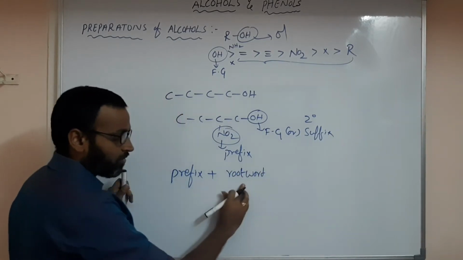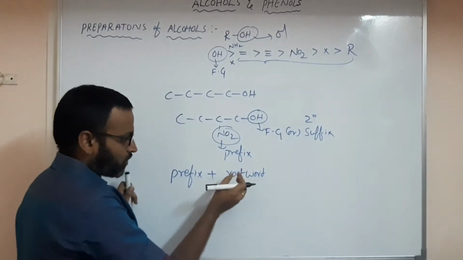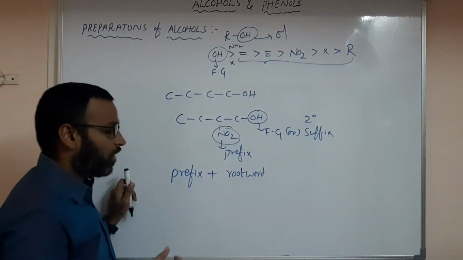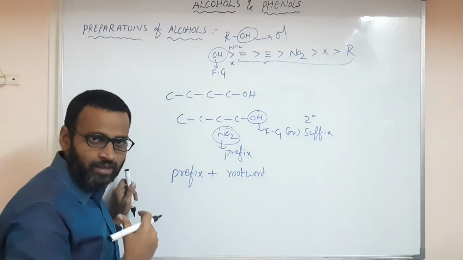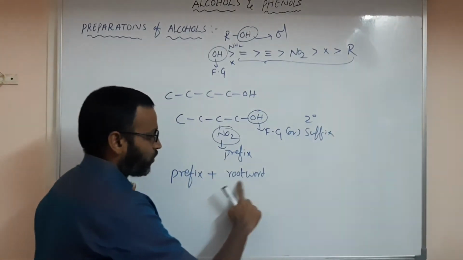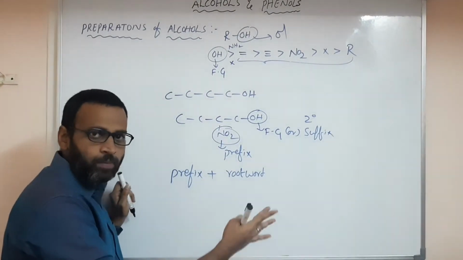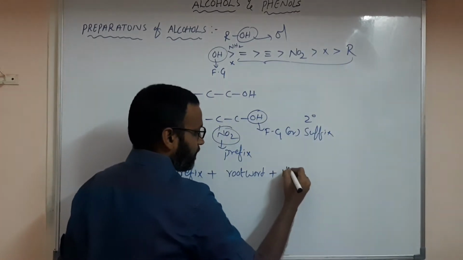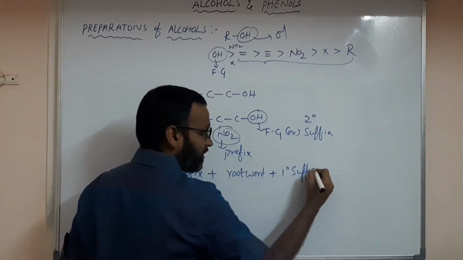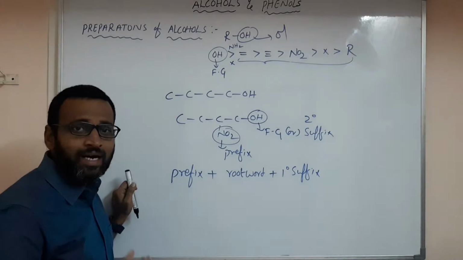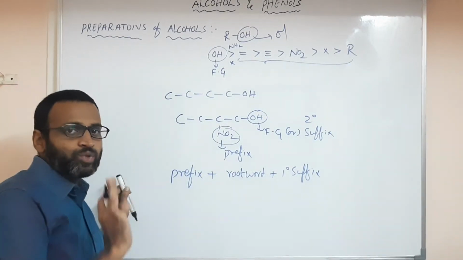So how you will give the name: first prefix, then you have a root word. Root word explains the number of carbons, it gives how many carbons are present in a given compound. So for root word we use meth, eth, prop, like that. And primary suffix will tell you saturated or unsaturated.